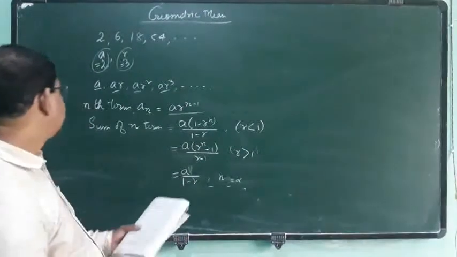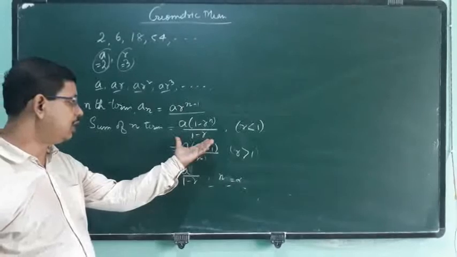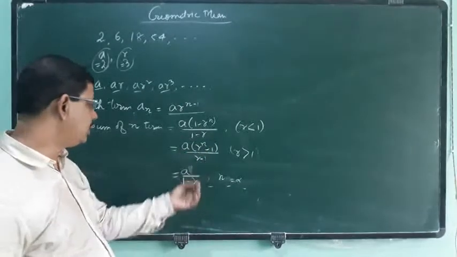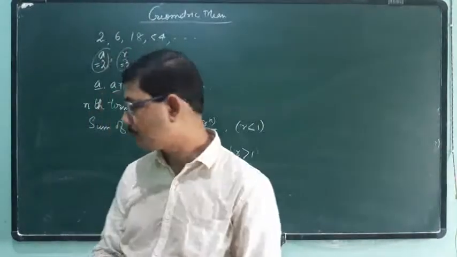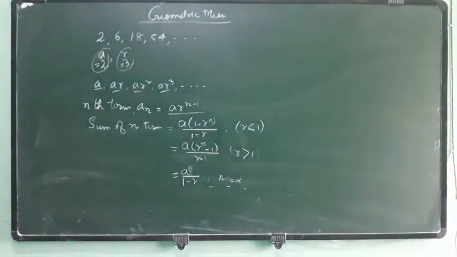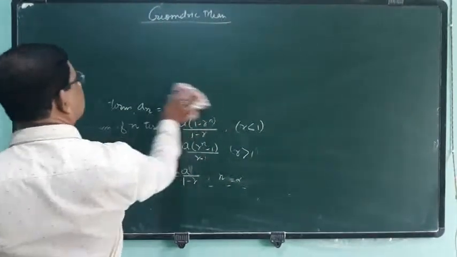So this is the nth term value and the sum of n terms in each case. Then, exercise.